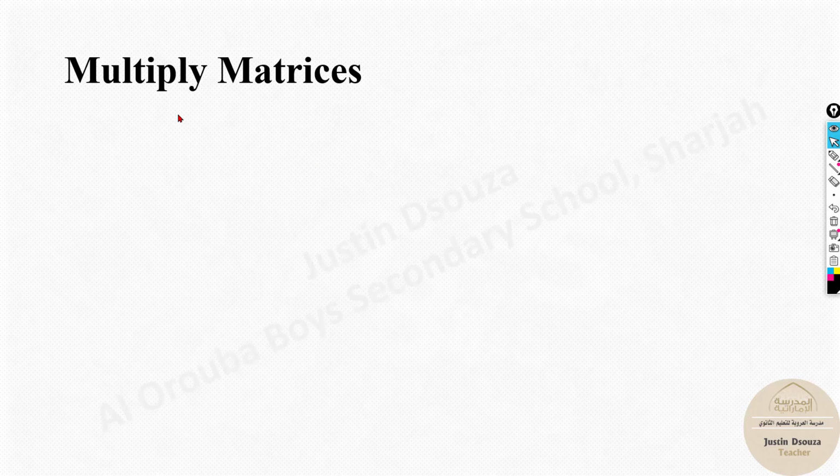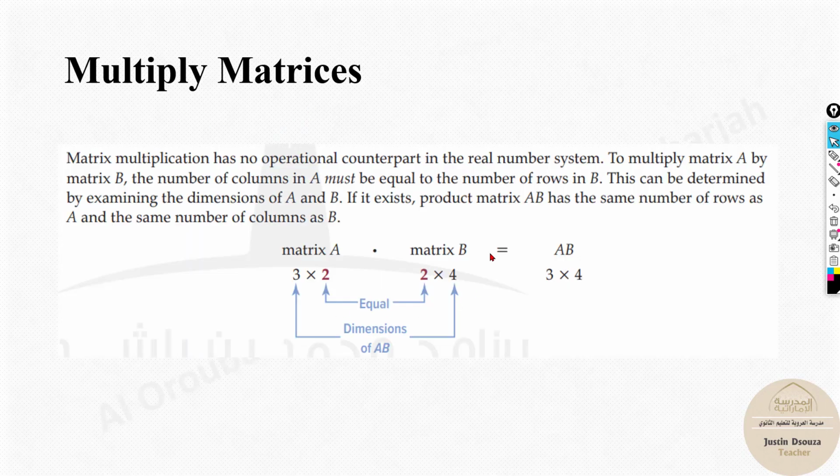Now let's look into the main topic, the multiplication of matrices. There are certain rules which it must follow. The first thing is, we must see the rows and columns of the matrices we are multiplying, because you can't just multiply any matrix with anything. You can multiply even if they do not have the same rows and columns, but the columns of the first matrix must match the rows of the second matrix.